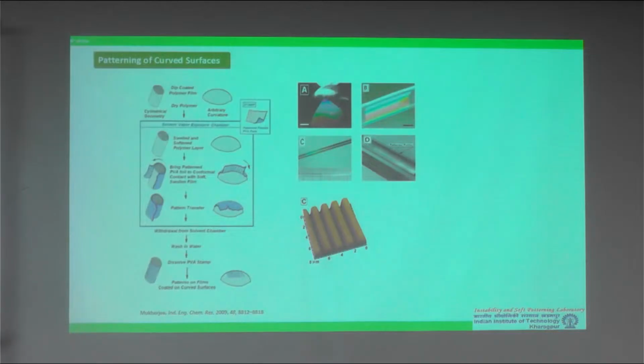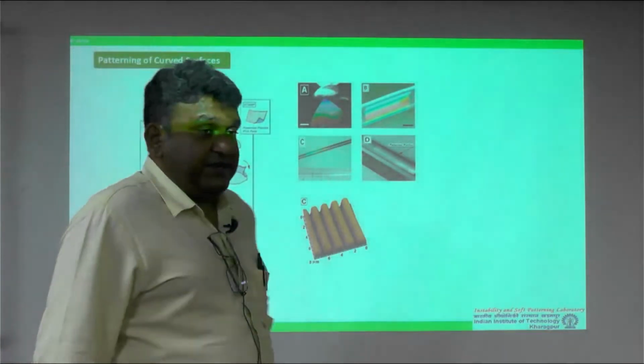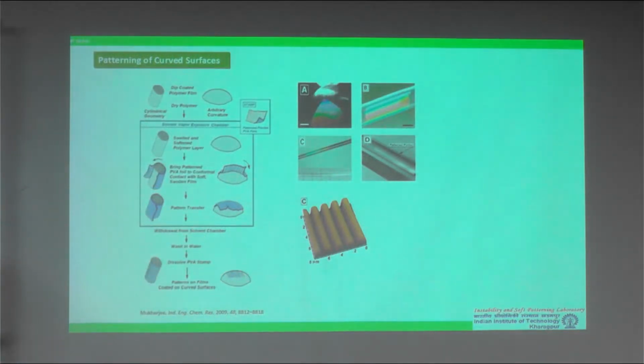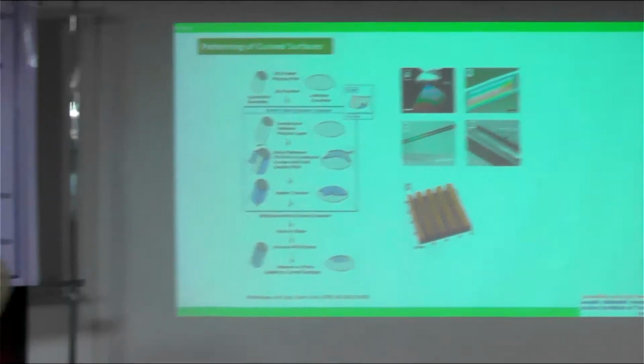Another major advantage of some of the soft lithographic techniques, particularly the ones involving a flexible stamp, is that unlike photolithography, where the photoresist layer had to be spin coated only on a planar surface, right?